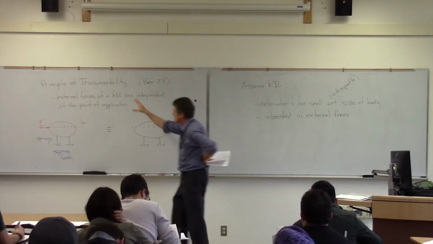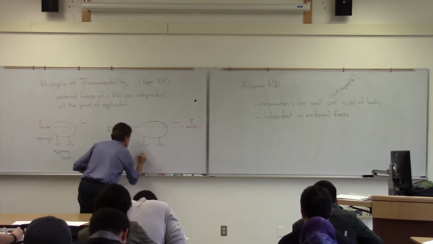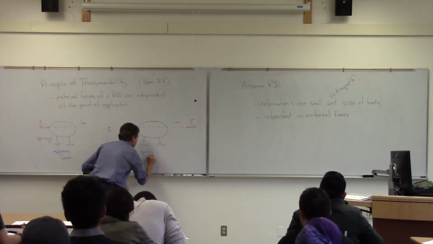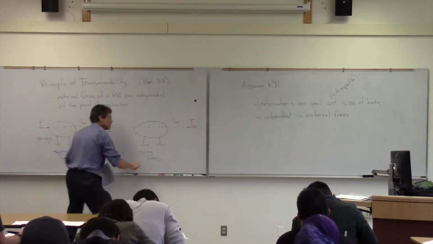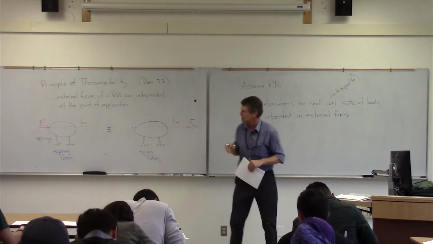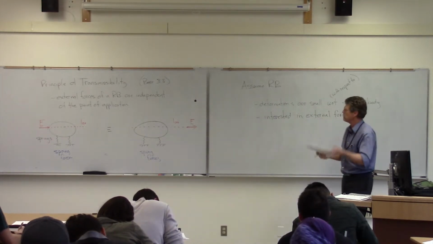And what the principle of transmissibility says then is that my spring forces over here are the same as the spring forces over there, but with this force maybe not even on the body. It may be off the body somewhere.